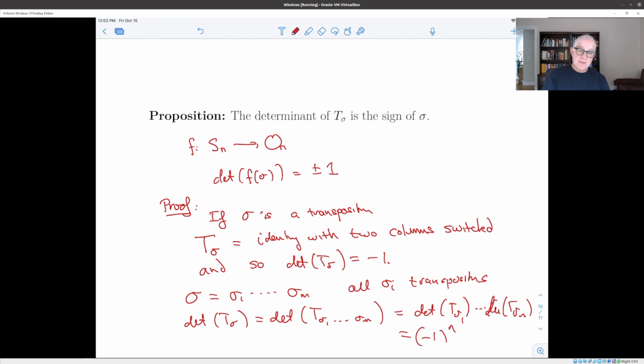And that's the sign of the permutation. It's minus 1 to the power of the number of transpositions that you need.